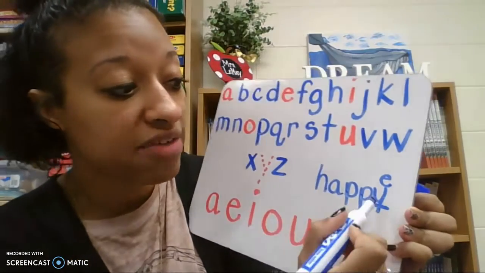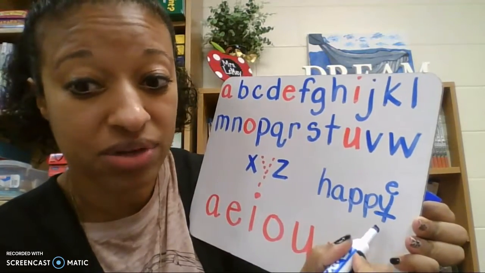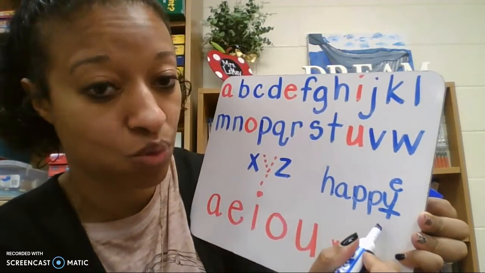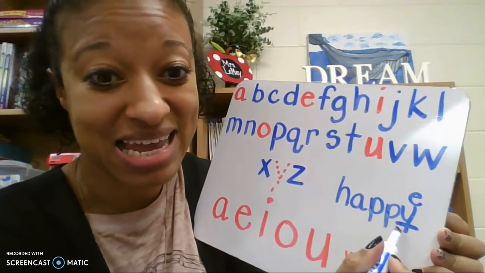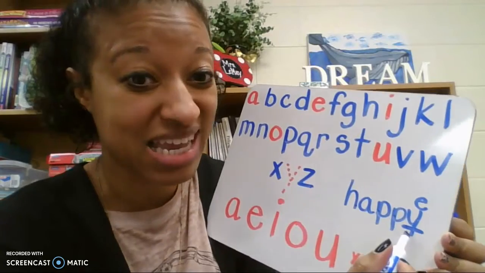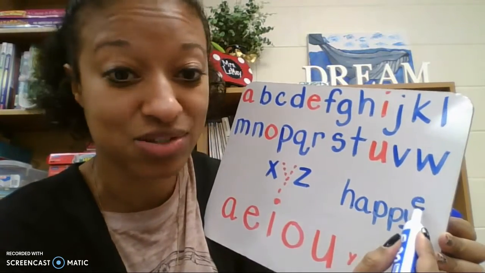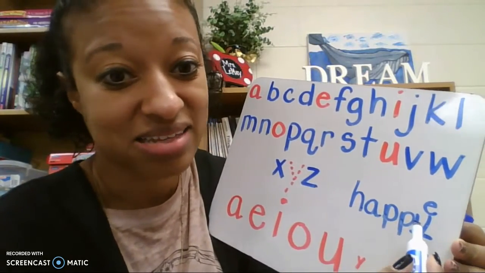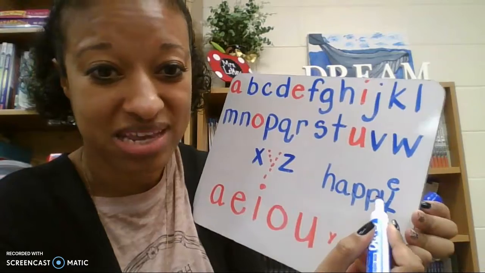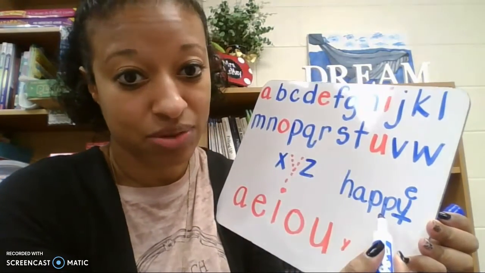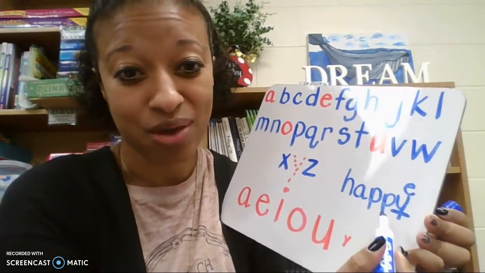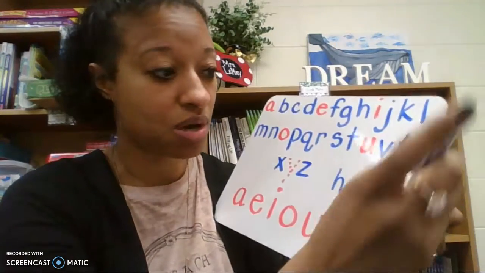E-E-E. Usually if the Y is going to pretend to be a vowel, it's usually at the end of a word. So when you get into bigger words that have a Y at the end, the Y is most likely pretending to be an E, or an I. That's the only time he's a vowel, when he's pretending to be an I or an E. Those are the most common ones.